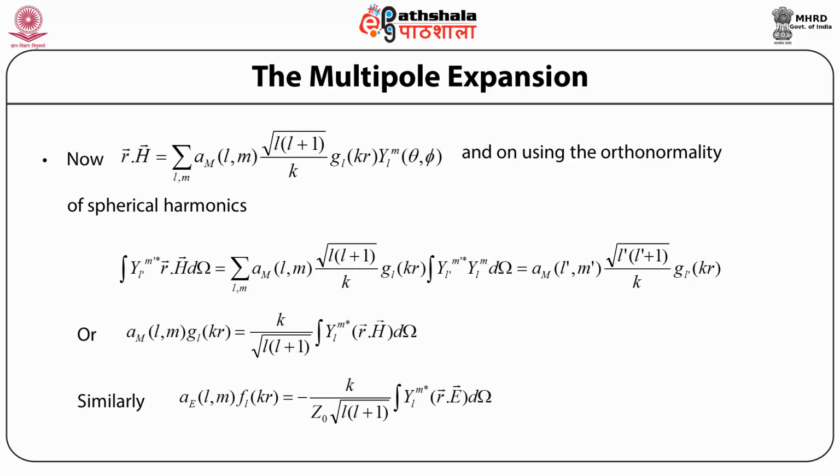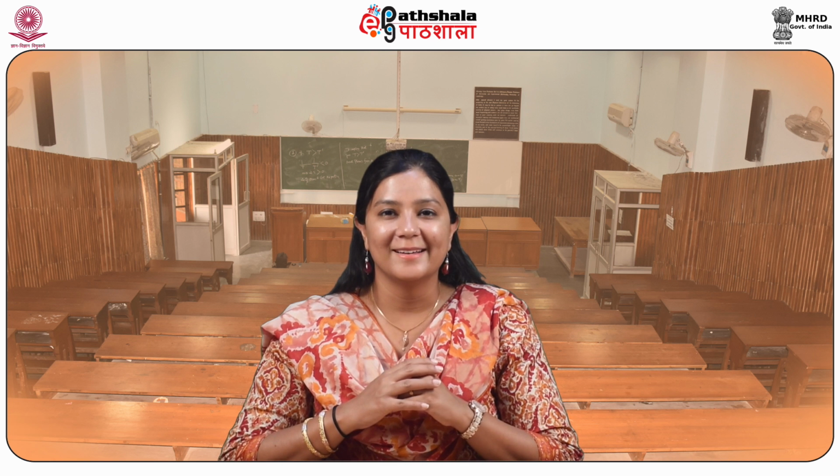Similarly, a_E(L,m) f_L(kr) = −k/(Z₀√(L(L+1))) ∫Y*_Lm r⃗·E⃗ dΩ. The two sets, magnetic multipole and electric multipole, together form a complete set of solutions to Maxwell's equations in a source-free region.